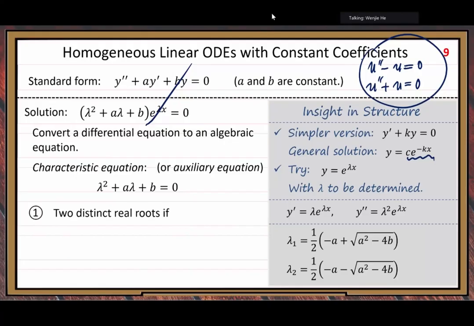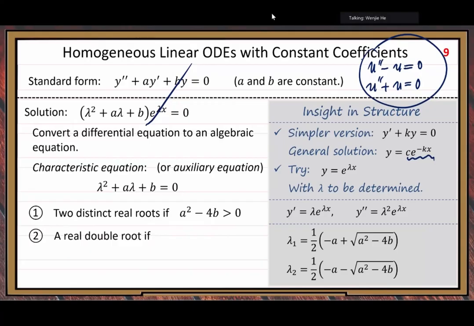Because of these two possible solutions, we need to consider cases. The first case: two distinct real roots, if the part inside the square root is greater than zero. In that case, we can write the solution.